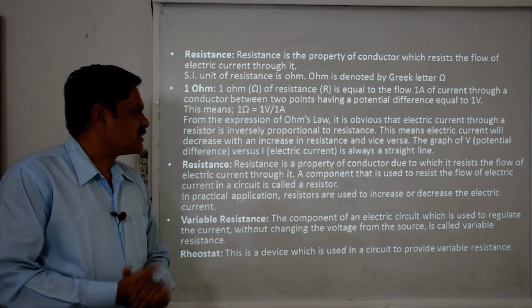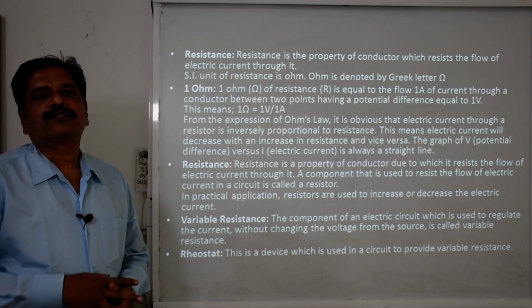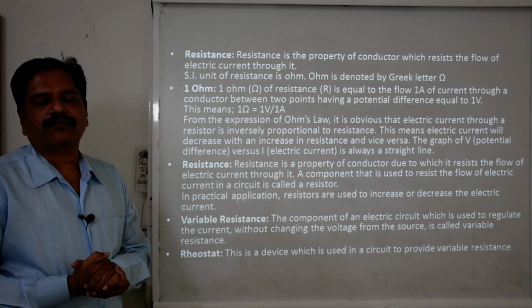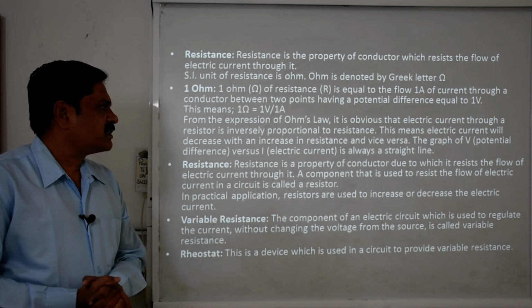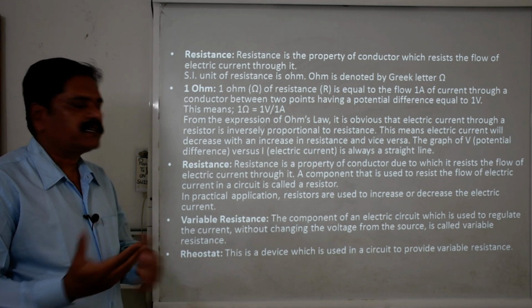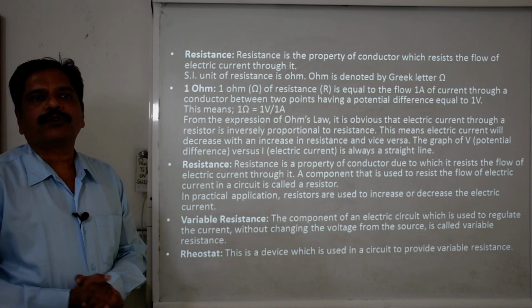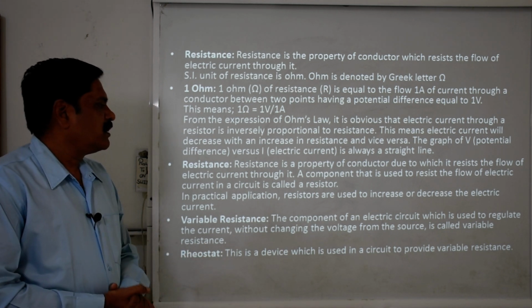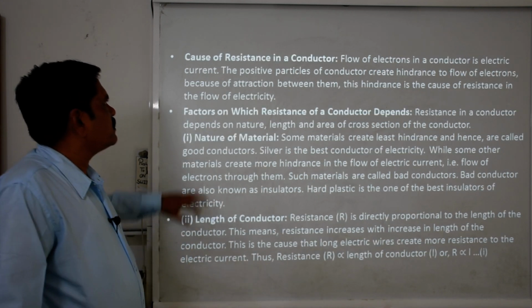In practical applications, these resistors are used to increase or decrease the electric current to maintain the quantity of charges. Clear? There are variable resistances which help to regulate the current by increasing or decreasing the resistance, and the device we use is called a rheostat. It is also considered a variable resistance.